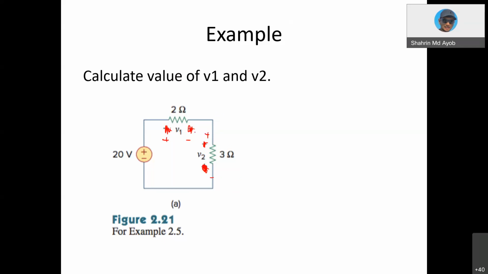So this one positive, this one also must be positive. Ignore first. What you need to do is to find the current, because to get V1, you need to calculate I multiplied with R1, and V2 is I multiplied with 3 ohm, right? So the first step is to get the current.